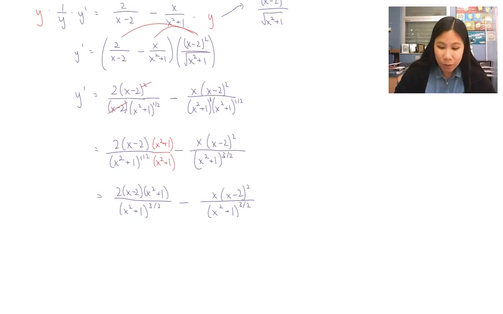From here, I just need to simplify the top. So because I have common denominators already, I can simplify everything on top and combine like terms once I have everything distributed out. So 2 times x minus 2 times x squared plus 1, I can distribute and then FOIL.